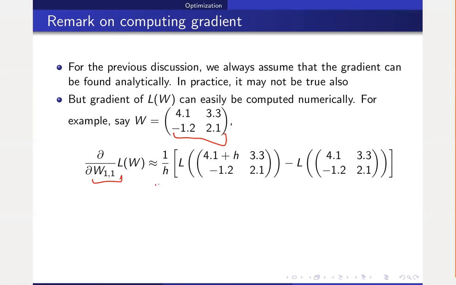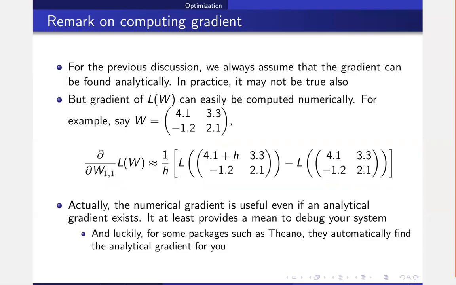Then I can just approximate the partial derivative like this: I take the loss with my input varied by a small h, subtract the loss without the small h, and divide by the step size. This is basically the real definition of the derivative when h goes to zero, when you take the limit to zero. Of course, you cannot take the limit to zero, but you can take a small h, and that will give you an approximation of the gradient.